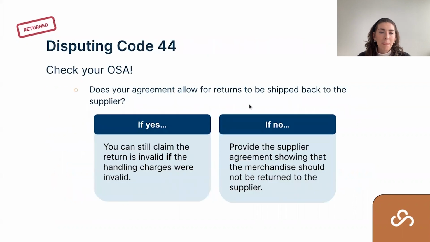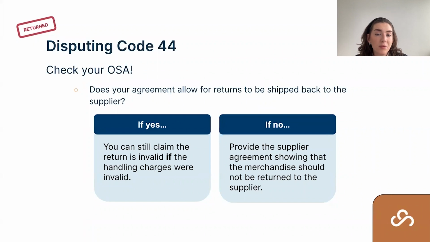All right, now let's get into disputing the specific codes. And each one of these slides is going to say, check your OSA, because that's really the place you can start for your validity check. So once you've checked your OSA, the question you would ask for a code 44 is, does your agreement allow for returns to be shipped back to the supplier?